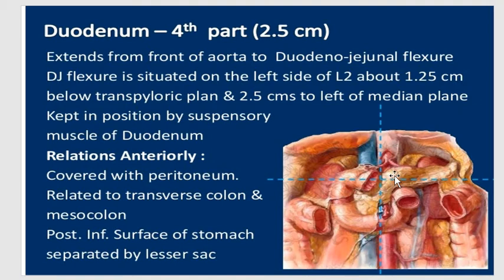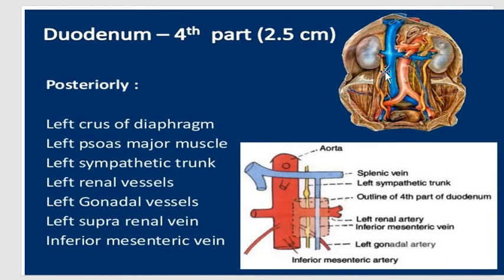Now come to the posterior relations. What all will come in the posterior relations of duodenum? Because this fourth part of duodenum is seen on the left side, you will see left things. The left sympathetic chain is seen, the left renal artery, the left gonadal artery, and the inferior mesenteric artery's origin from the ventral aspect of the abdominal aorta.